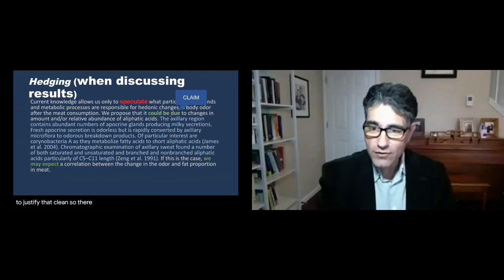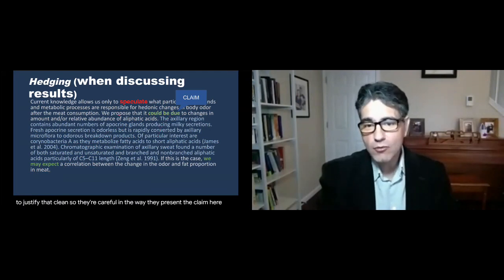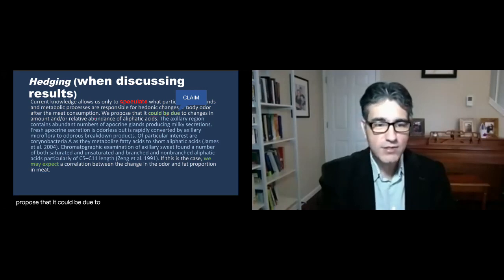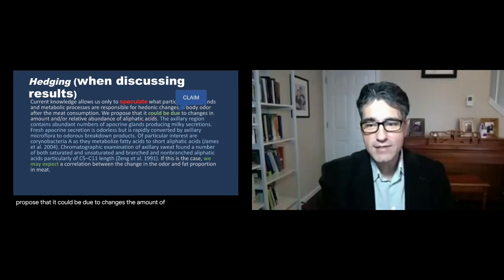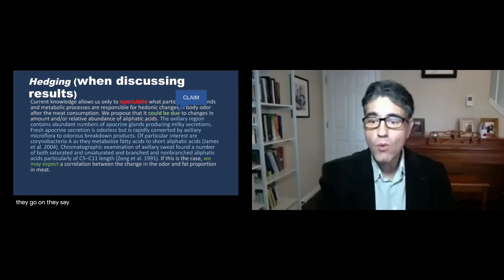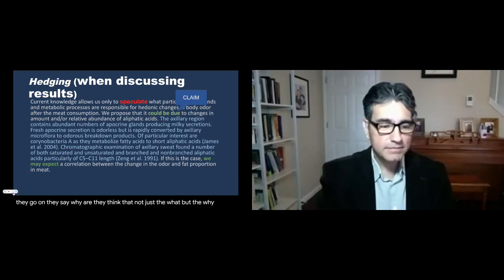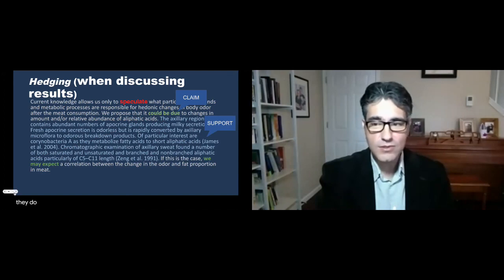So they're careful in the way they present the claim. Here, we propose that it could be due to changes in the amount of aliphatic acids, but then they go on and say why they think that, not just the what, but the why. And they use hedges to do so.